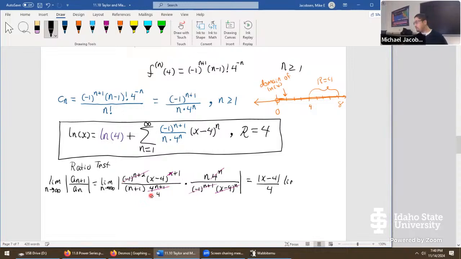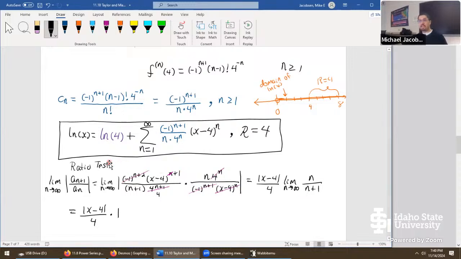And then we take the limit as n goes off to infinity of n divided by n plus 1. This is like the 50th time this kind of limit's come up in this course. The limit of that will be exactly 1, because the coefficient would be 1 over 1 for n and n. So we've got absolute value of x minus 4, divided by 4 times 1.